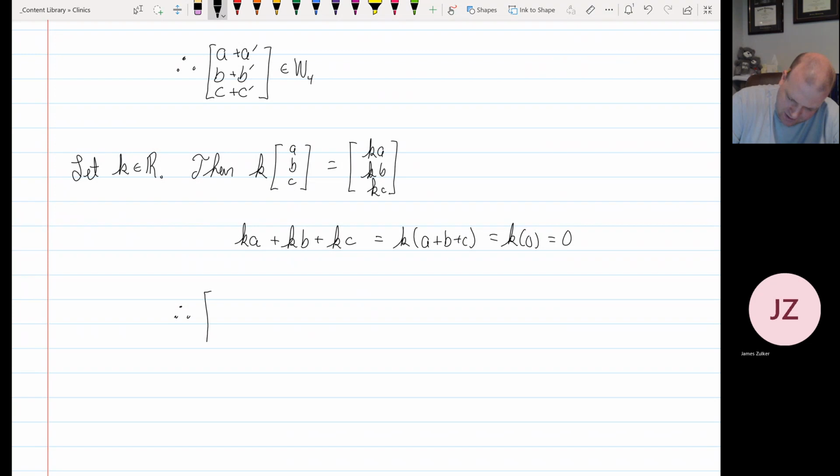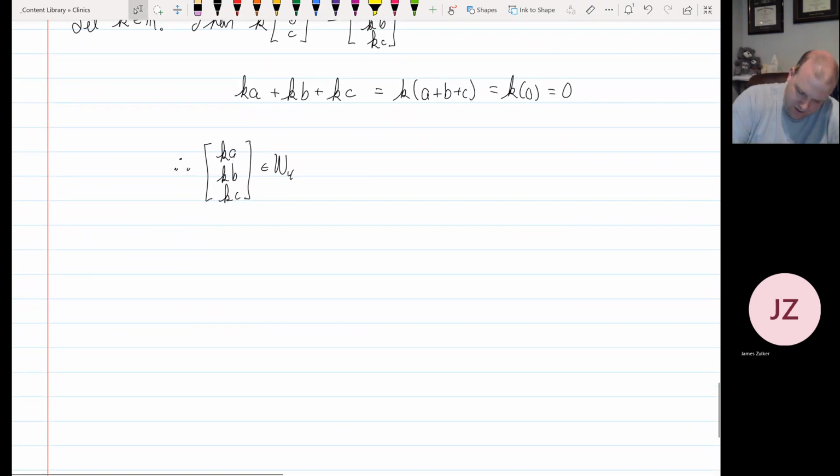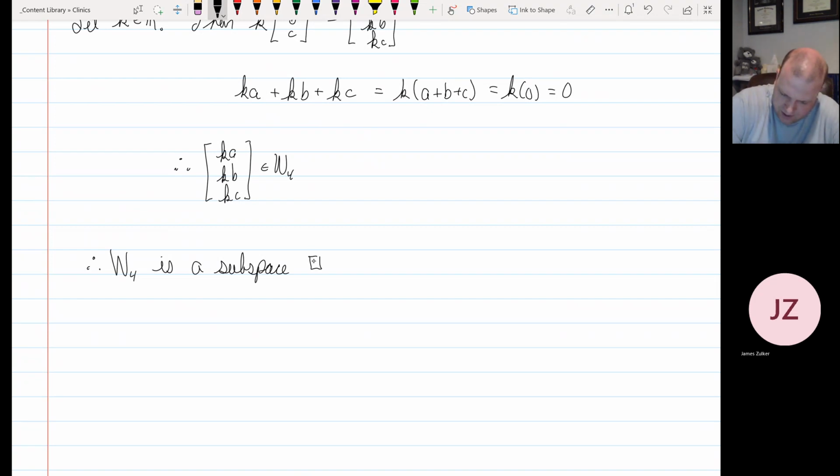So that means this vector is in W4. So it's closed under multiplication. So W4 is a subspace, contains the 0 vector, it is closed under addition, and it is closed under multiplication.